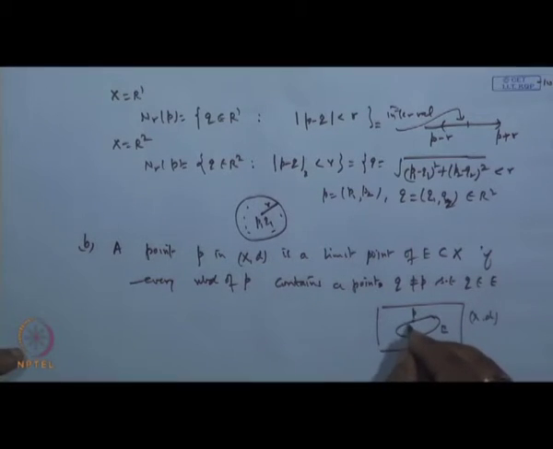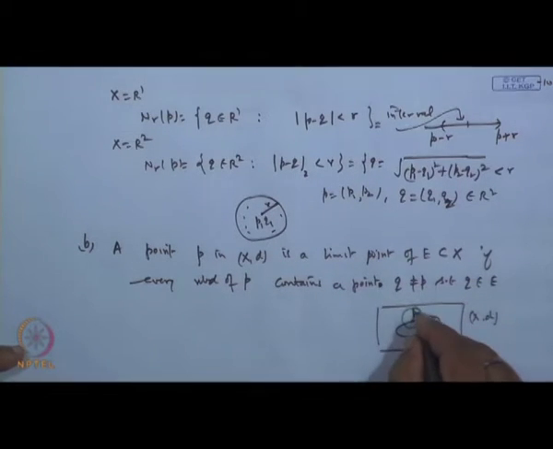Then P is called the limit point if every neighborhood around the point, suppose in R2 we draw neighborhoods like this, includes a point Q other than P which is in E, then we say P is the limit point of the set E.